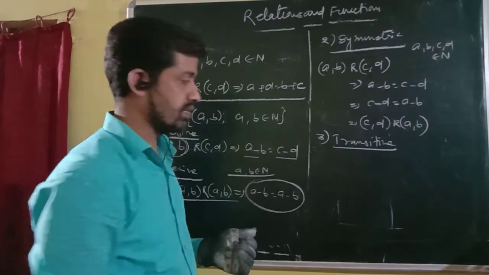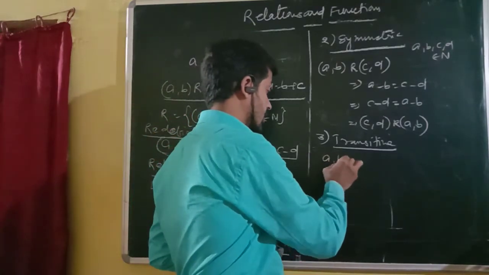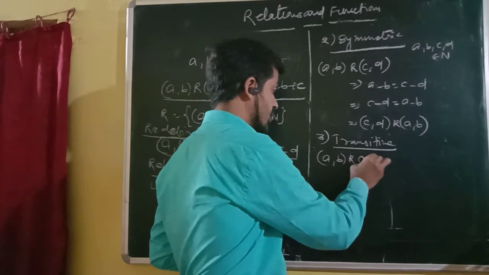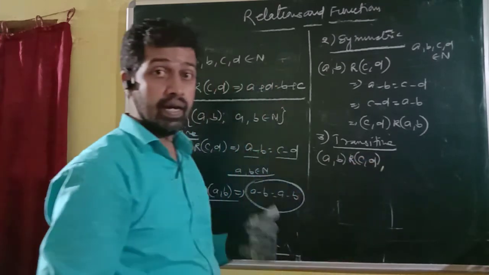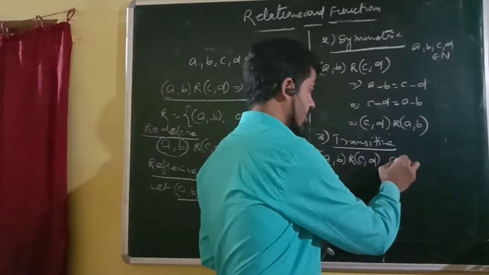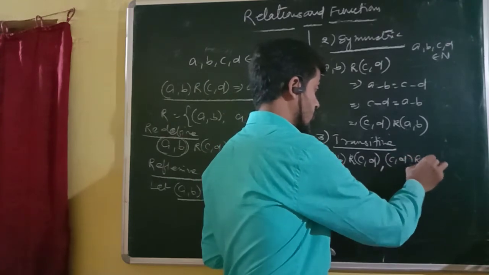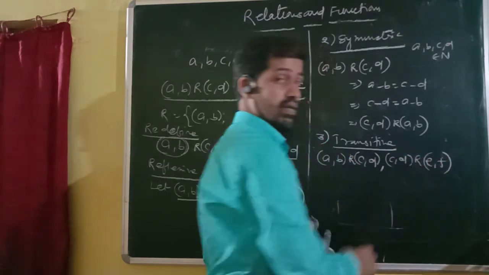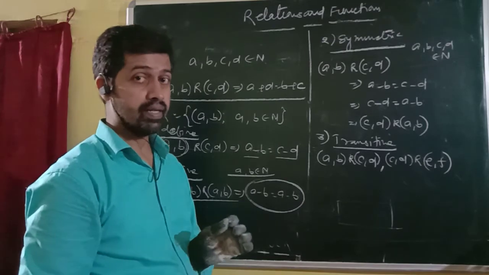And now transitivity: say AB is related to CD, and then CD is related to EF. What we have to check?